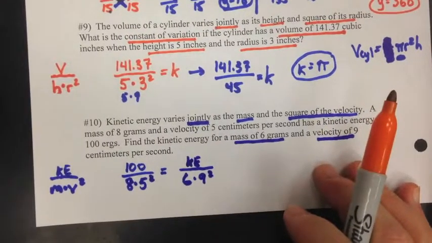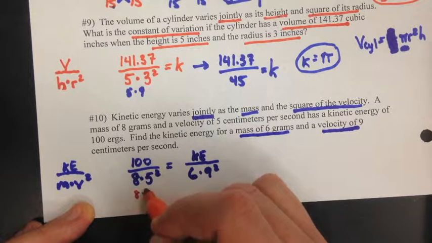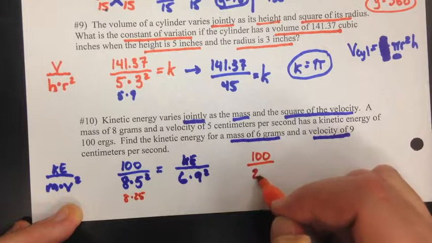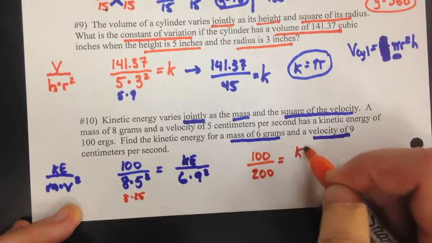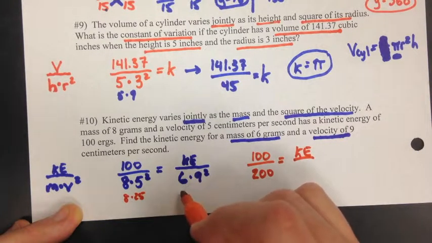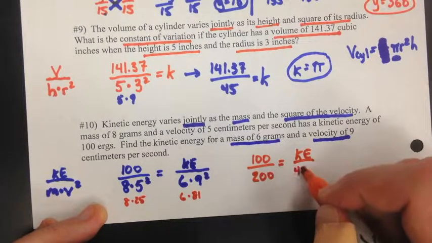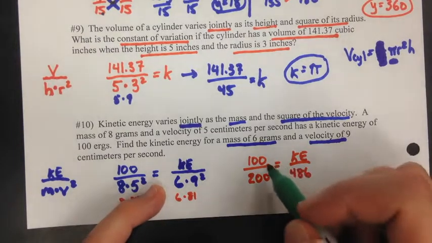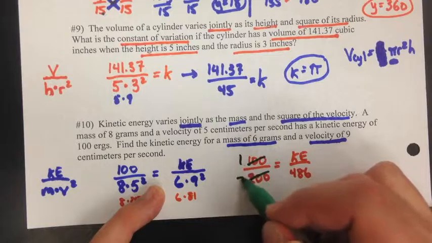So we're going to solve this. Let's go ahead and work this out a little bit. 8 times 5 squared, that's 8 times 25. 8 times 25 is 200. So we have 100 over 200 equals the kinetic energy divided by 6 times 9 squared, which is 6 times 81, which is 486. Now I'm going to cross multiply, but I can make life a little bit easier by first reducing a fraction. 100 divided by 200 is the same thing as 1/2.